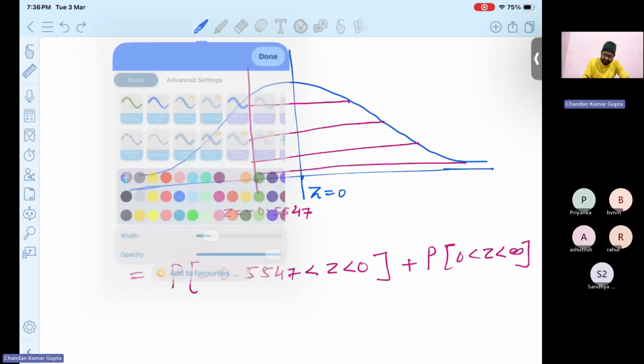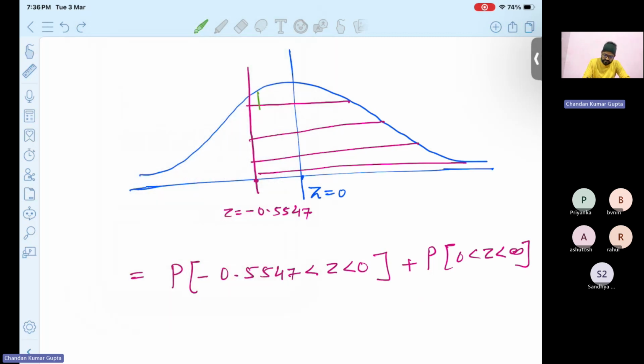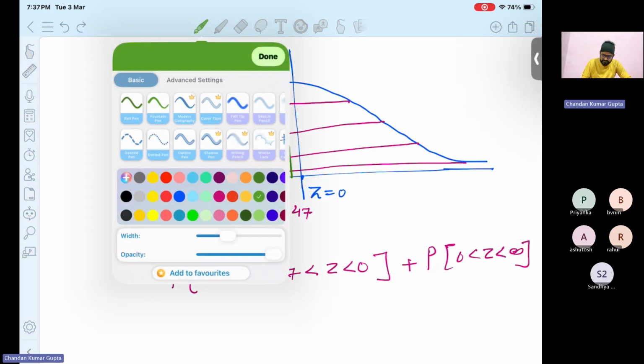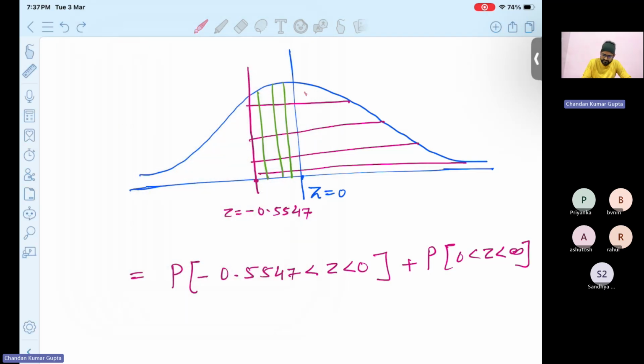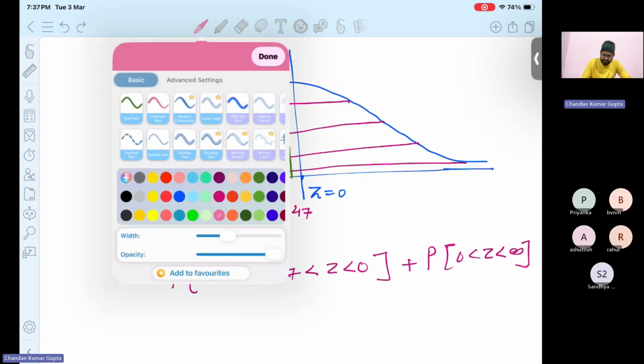That means this particular section, and then 0 to infinity. We use some other color. Color combination is not good.